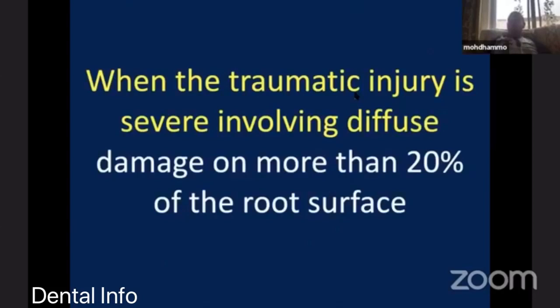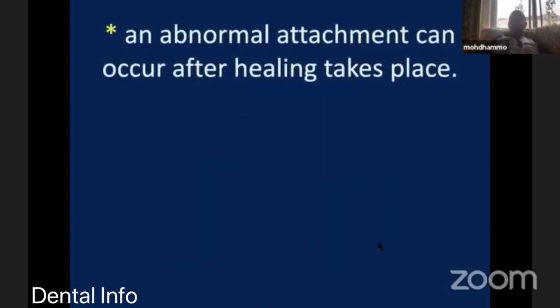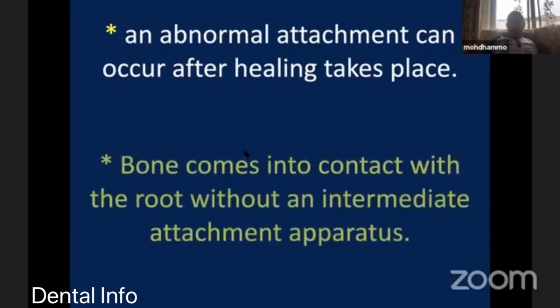When the traumatic injury is severe and it damages more than 20% of the root surface, so the precementum, most of it was damaged, what will happen? Abnormal attachment can occur after healing takes place. The bone will come in contact with the root without an intermediate attachment apparatus, because the periodontal ligaments were removed.